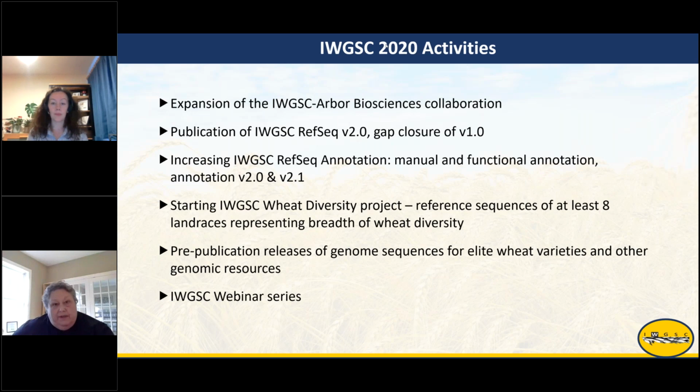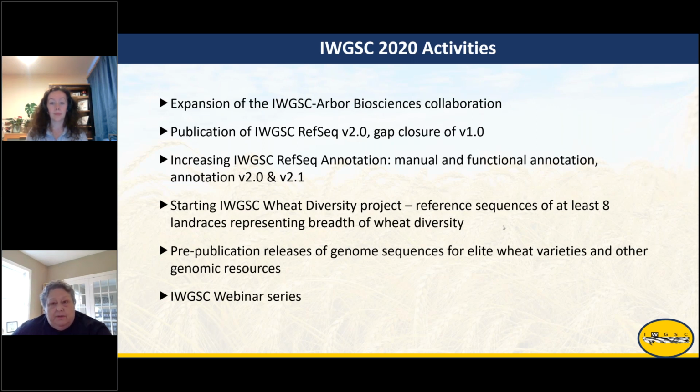We are literally in the process right now of publishing RefSeq version 2.1, accompanied by our RefSeq annotation version 2.1. It's gone to the journal this week, so we hope to have that out very soon and can release it for the entire community.